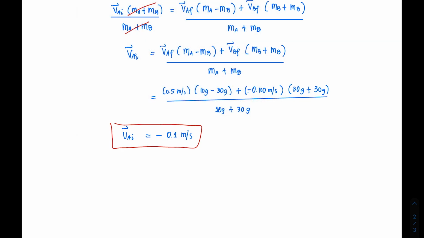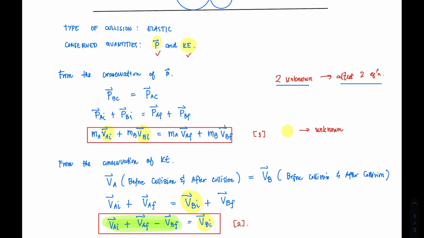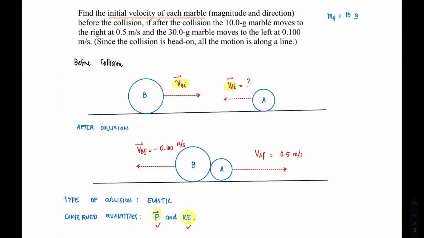So going back to your problem, your VAI has a negative value. What this means is that a negative value is moving towards the left, and a positive value is moving towards the right. And sure enough, this is sensible. Why?